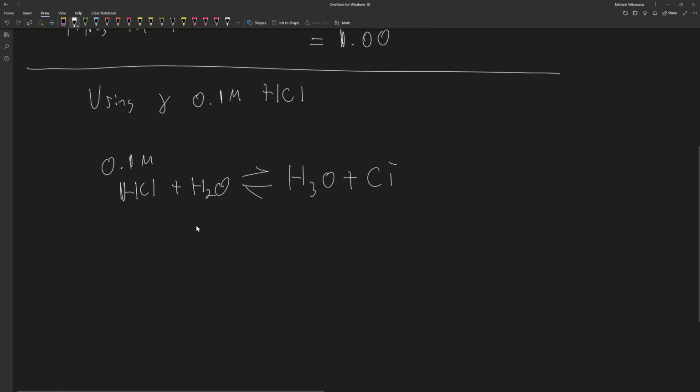If we are going to use the activity coefficient, we need to find mu. Mu is equal to 1/2 the summation of the concentration multiplied by the charge squared.